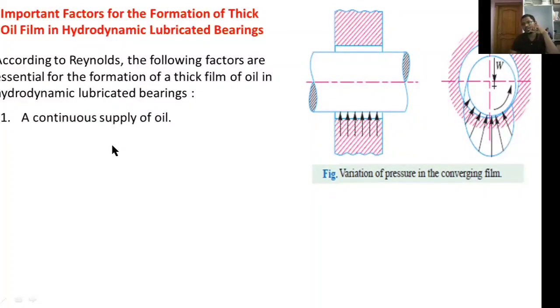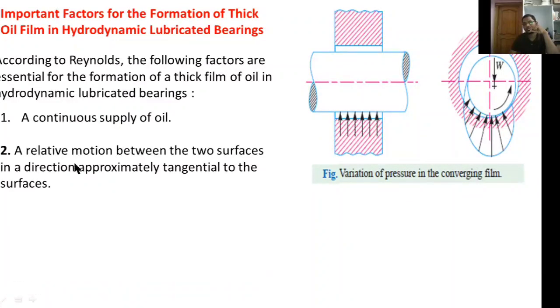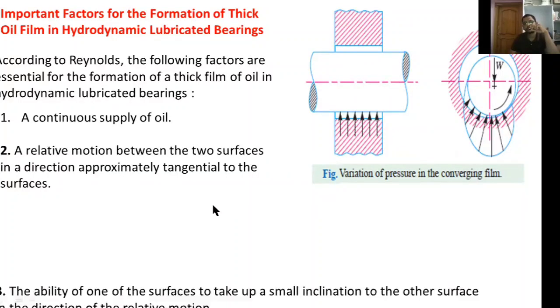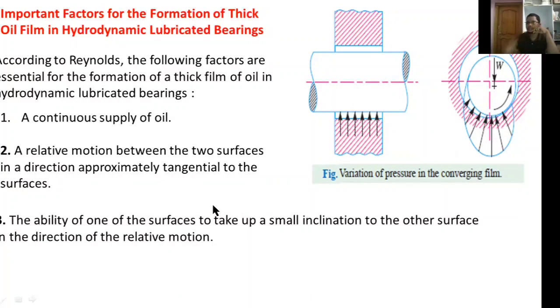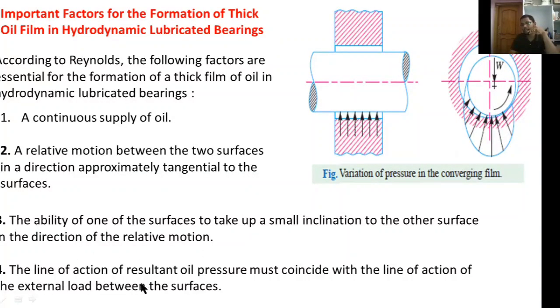A continuous supply of oil, and second one is a relative motion between the two surfaces in a direction approximately tangential to the surfaces. The ability of one of the surfaces to take up a small inclination to the other surface in the direction of the relative motion.